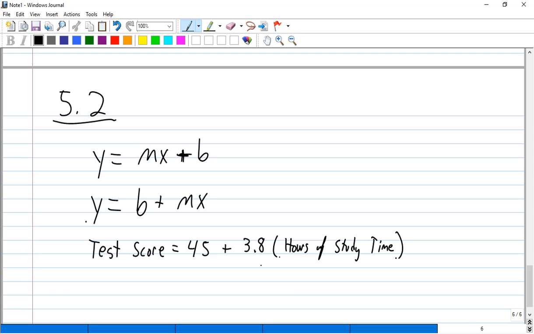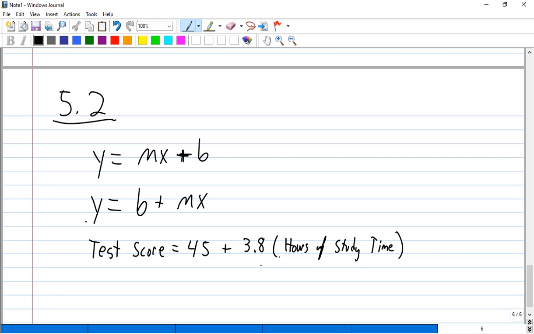All right, so according to this formula, this model, this is a mathematical model here. According to this model, I can calculate what I will make on the test by the number of hours that I would study. So if I didn't study at all, what does it look like I would make on the test? A 45, right?